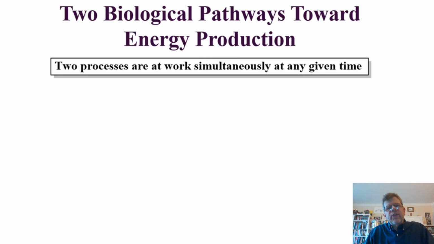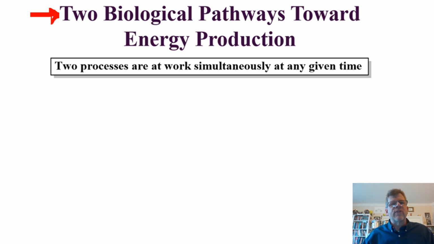So the slide we just saw essentially winds up Unit 12, in which we talked about that second stage of catabolism, that anaerobic process, which breaks one 6-carbon glucose molecule down into 2 3-carbon molecules of pyruvate. This was a slide that we looked at the beginning of Unit 12, reminding us that there are 2 biological pathways towards energy production.